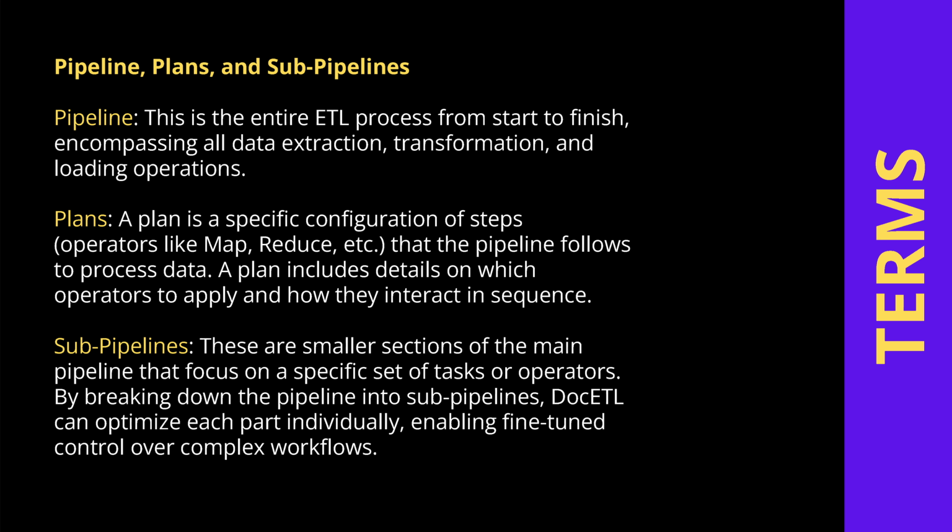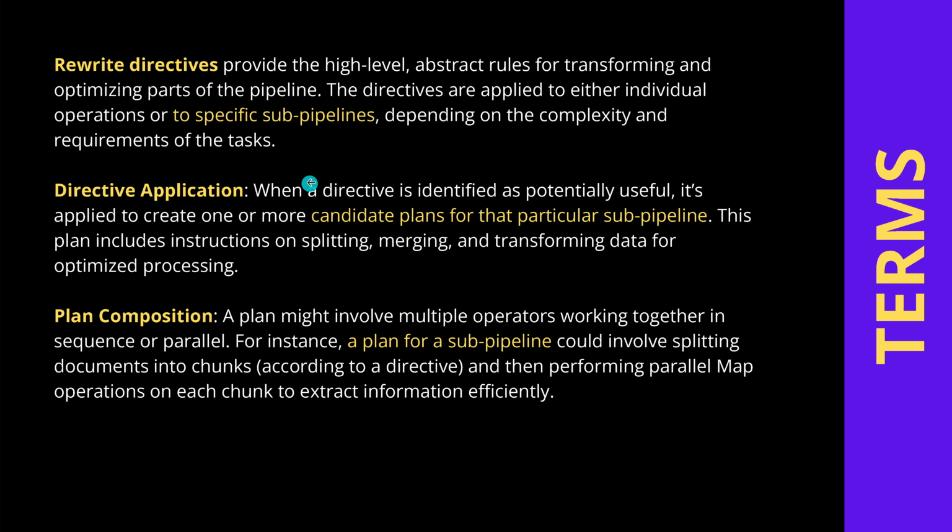And if we can break down this pipeline into even simpler sub-pipelines where we have code that runs faster, is less error-prone, we can optimize each sub-pipeline. You see, it's so easy if I explain this to you. Rewrite directives. This is a brand new idea, so they are applied either to individual operators or they are specific to sub-pipelines, depending on the complexity and the requirements of the task.